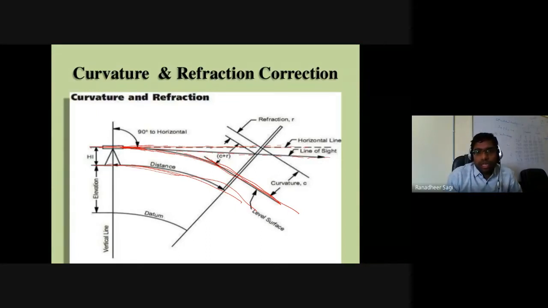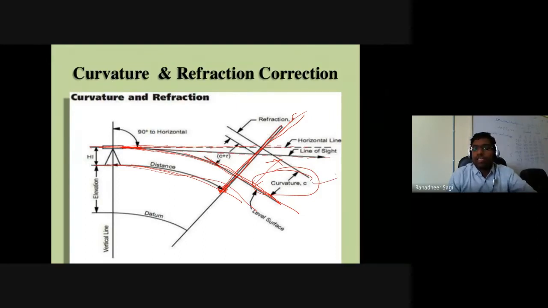Now look here. If this is my position of the leveling staff, this inclined one is nothing but the leveling staff we are holding. So why is the position of the leveling staff inclined? Because the curvature of the earth is taken into consideration. With regard to this position it is vertical only, but the curvature of the earth has come into picture, because of which this much error we come across while taking the reading, okay?